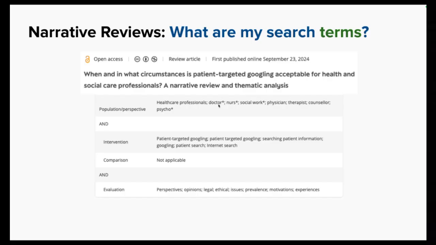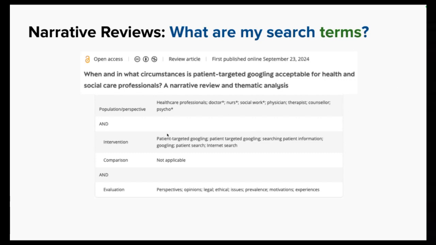It means doctors or doctoring and so on, nurses. They've used truncation for doctors and nurses and social workers to say, it doesn't matter if they have social workers spelt out. I'm interested in papers that might have the term social working in it, or other types of endings to those words. And then they've used synonyms like physician, therapist, counselor, and so on.